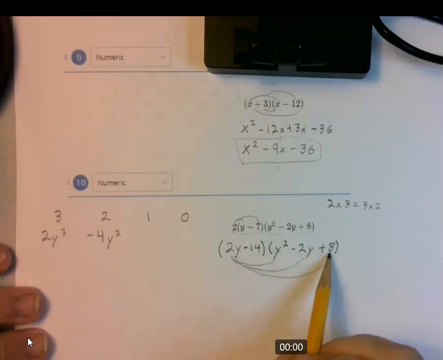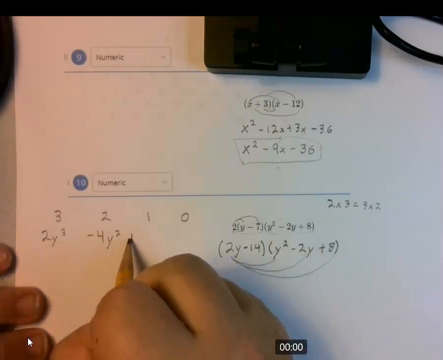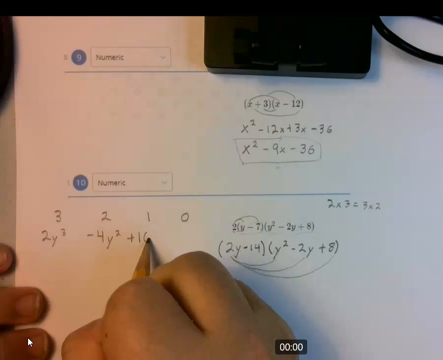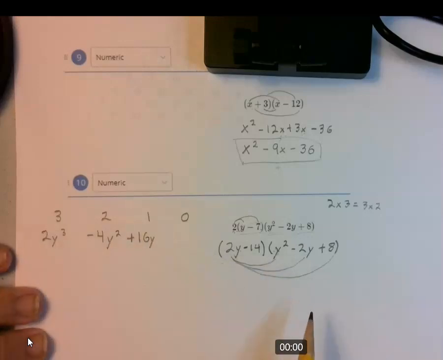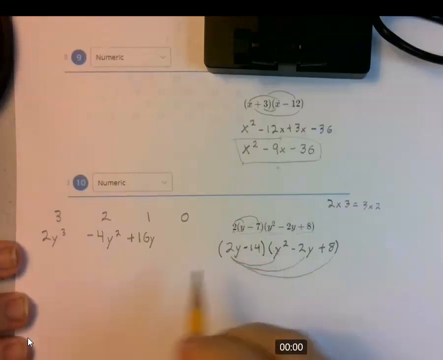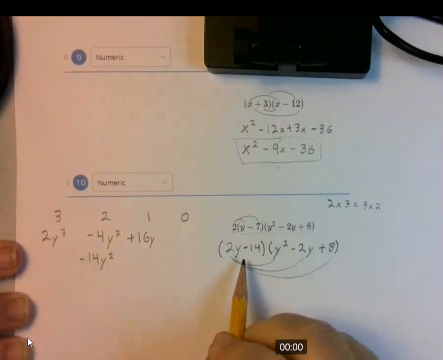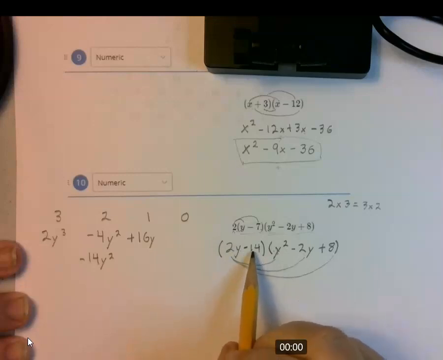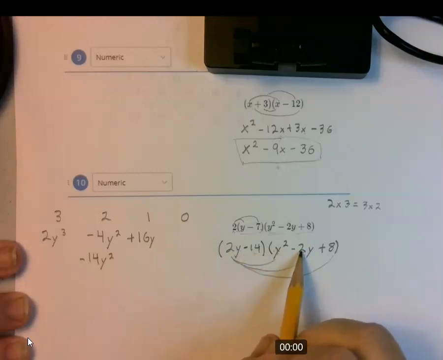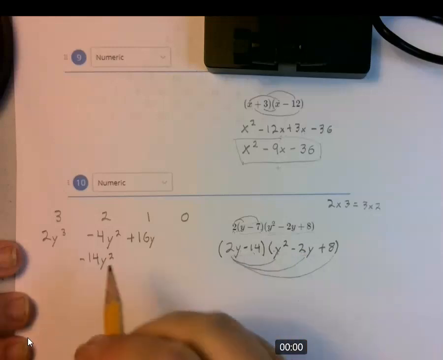And 2y times 8 is 16. And then negative 14 times y squared is negative 14y squared. Okay, and then negative 14 times negative 2 is positive 28, and then you have a y there.